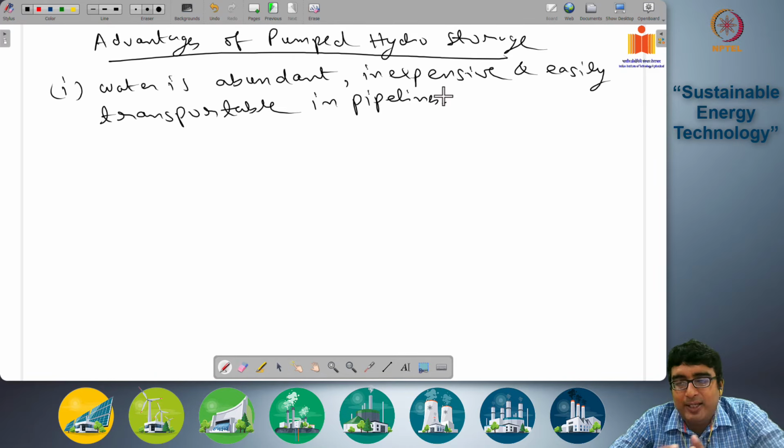So the main energy storage material is also one of the most easily available materials in the world. It's water. It can be easily transported, easily stored, very inexpensive, and hence it is very easy to use as an energy storage medium.